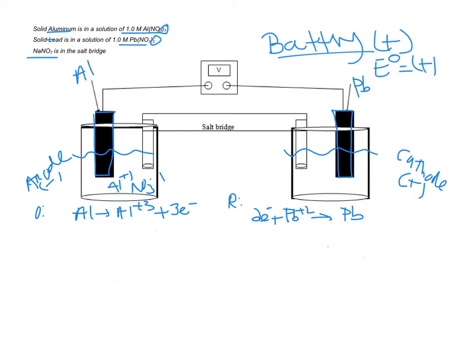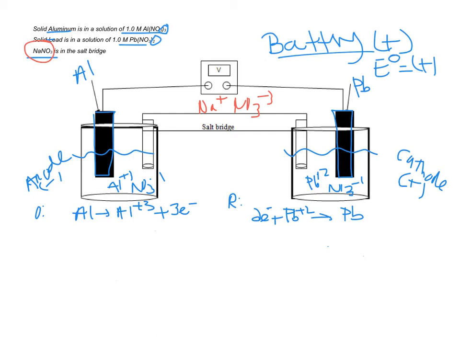And then in our cathode, we had lead 2 nitrate, so we're going to have lead 2 ions as well as nitrate ions. And then our salt bridge is going to have sodium nitrate, and I'm just going to go ahead and dissolve the salt into its ions, and then I'm just going to run this reaction.